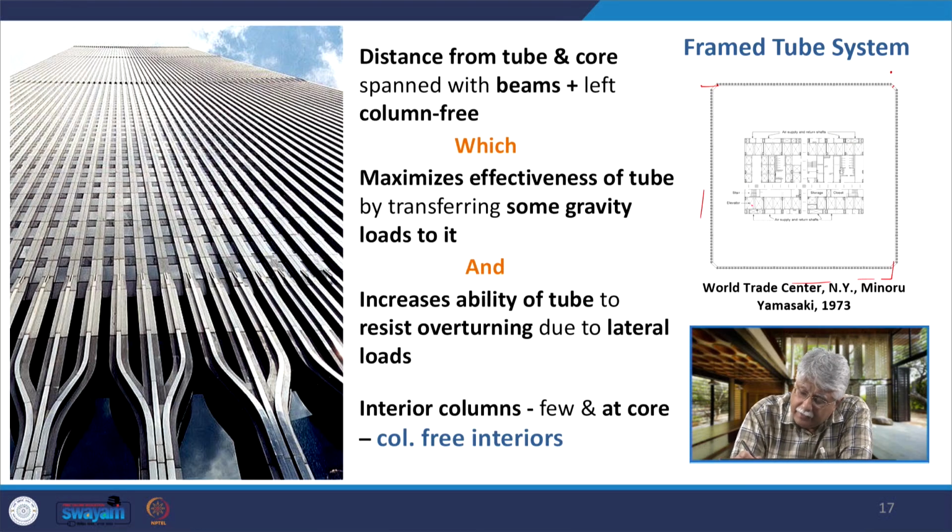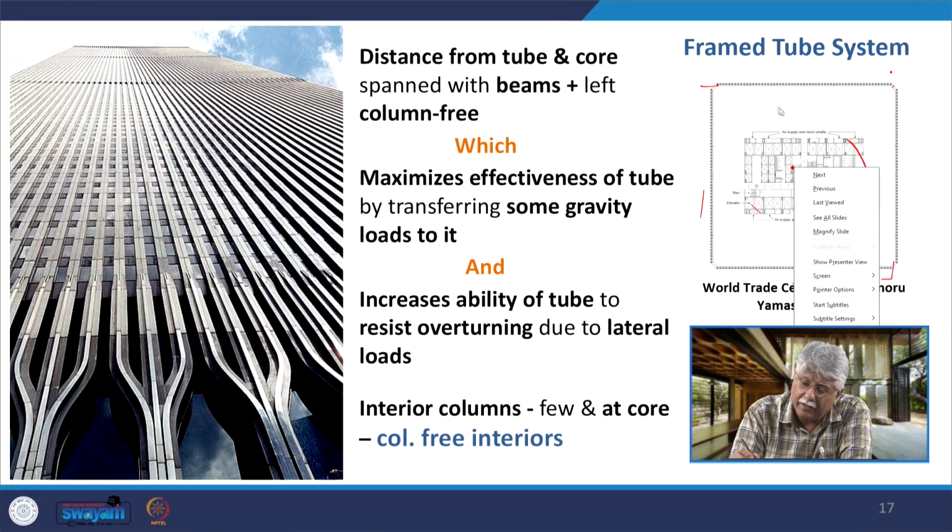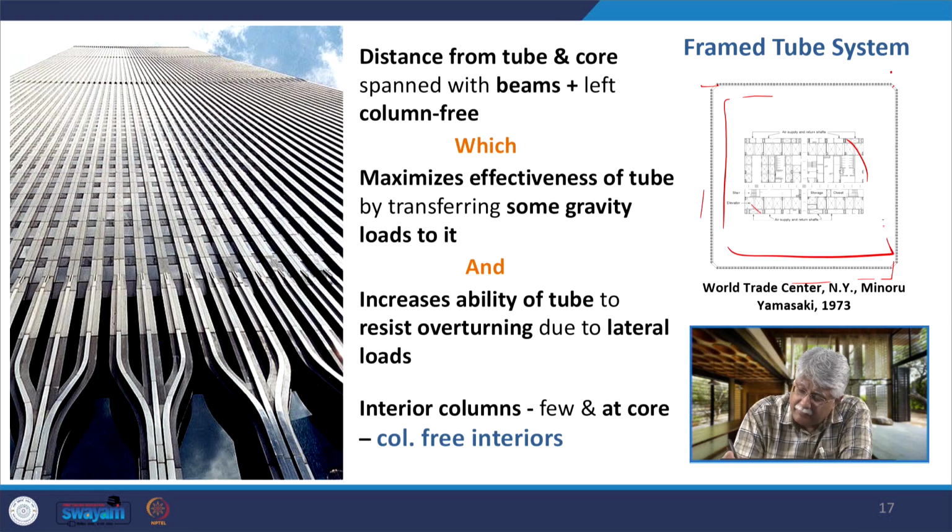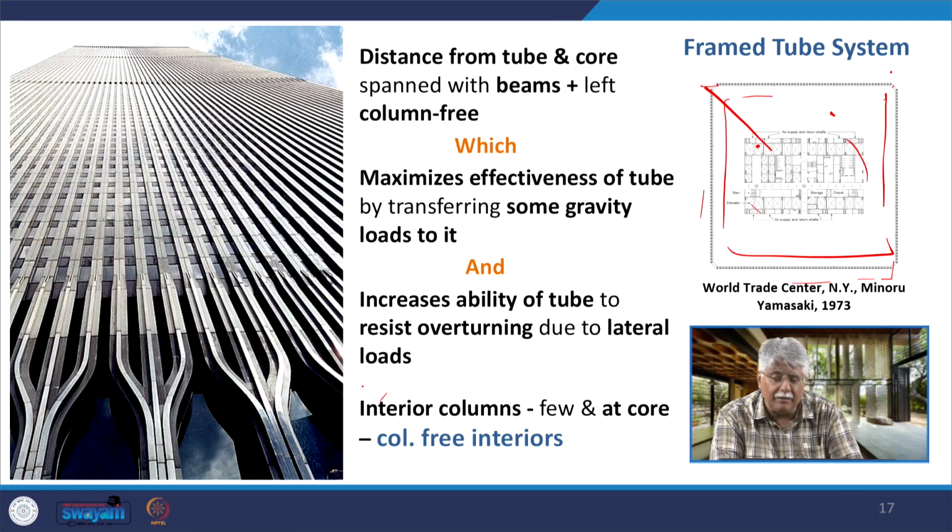Then you have the inner core and all the inner columns concentrated here. There are no columns in this area, which is completely column free, but there are beams and trusses that are linking the core to the outer tube so as to provide some load transfer of gravity load towards the outer column, as I mentioned earlier.